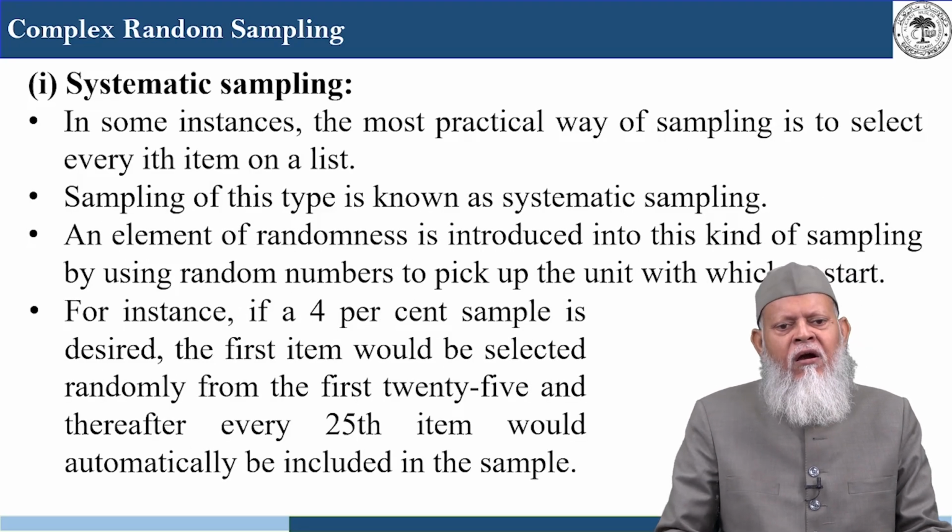The first such sampling method or technique is systematic sampling. In systematic sampling, in some instances, the most practical way of sampling is to select every ith item on a list.